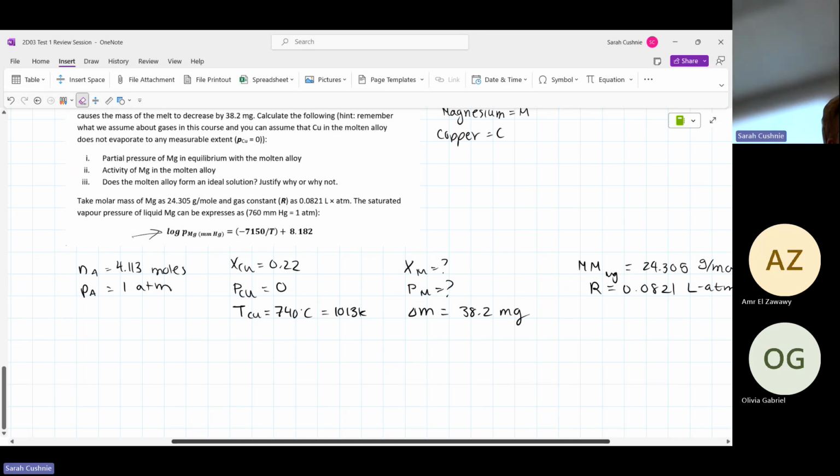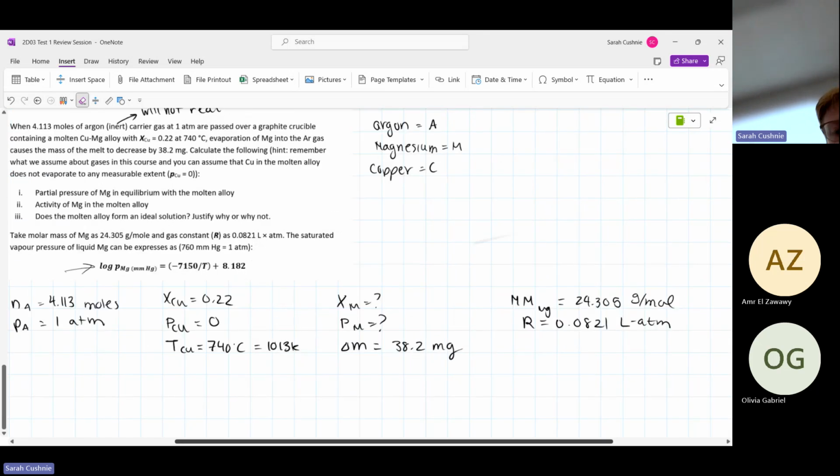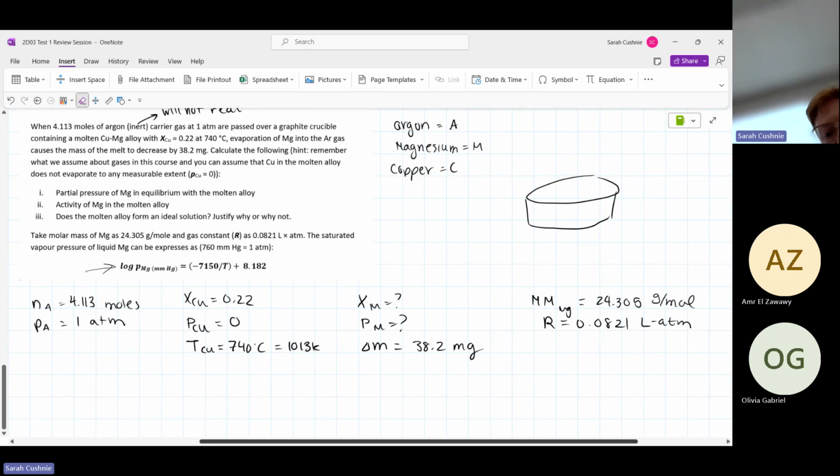So I'm going to start by just doing something quick. If I draw the situation, just to give you some information as to what's happening, we have a solution in a graphite crucible. This is a bad drawing, but essentially in there we have Cu plus Mg.